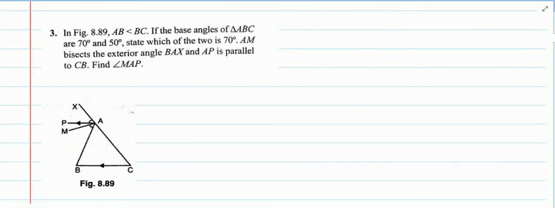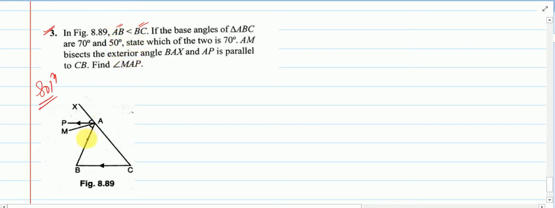Now let us see question number 3. Here it's saying in figure 8.89, this is the figure, AB is less than BC. So it means that the angle opposite to BC will be greater than the angle opposite to AB.